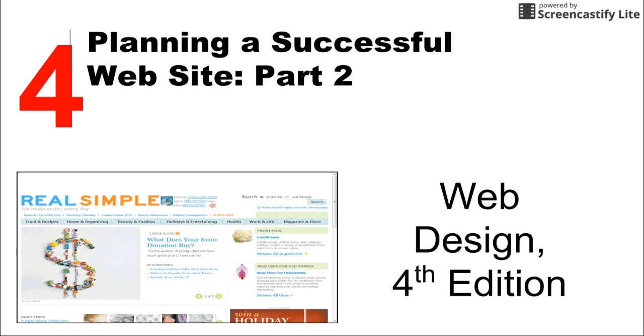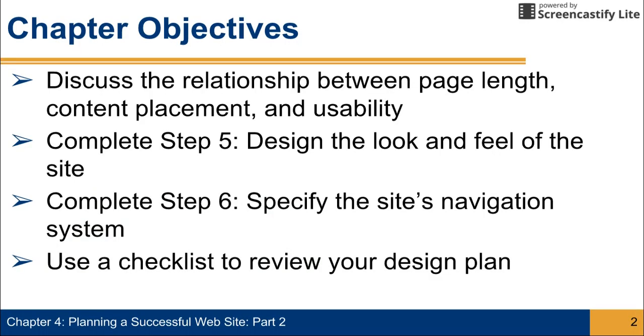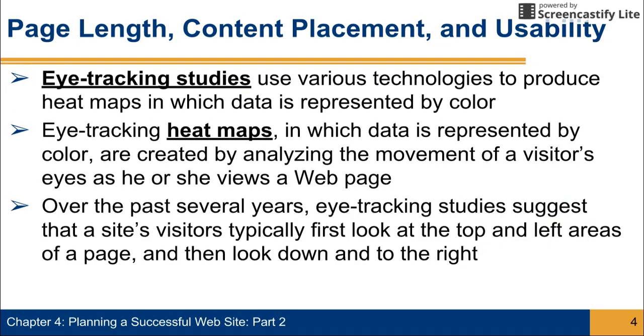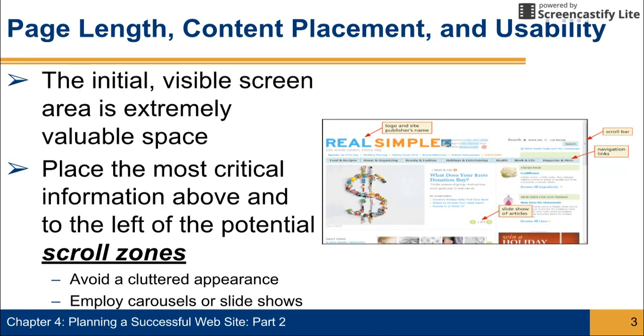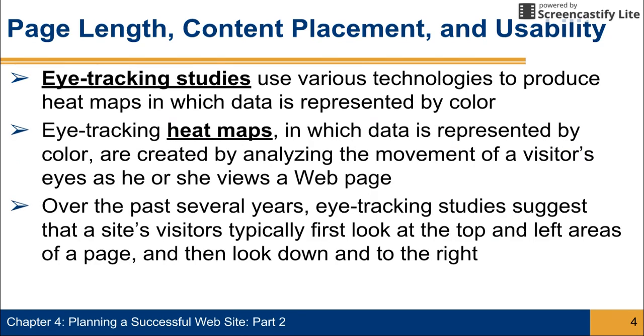There's actually been a lot of research that has been done with all of this. Here are just some of your notes. The initial visible screen is extremely valuable. Place all the information above and to the left of the scroll zones. There's been a lot of research telling us where to put stuff.